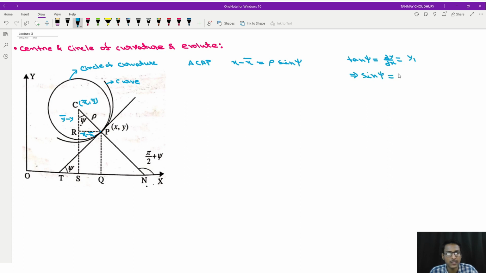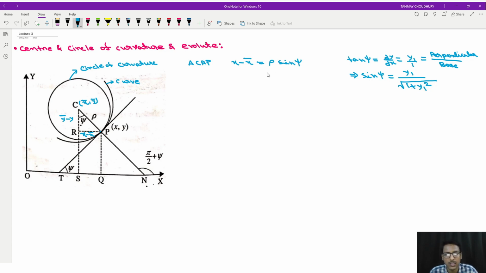Since y dash is tan psi, we can consider it as perpendicular by base, with perpendicular y dash and base 1. So sine psi will be the perpendicular y dash divided by the hypotenuse, which is root over 1 plus y dash square by Pythagoras formula.